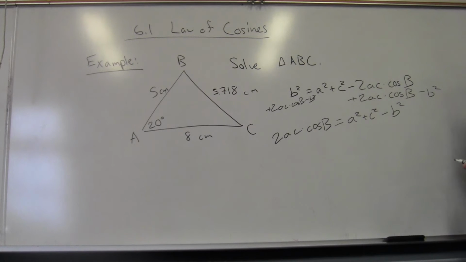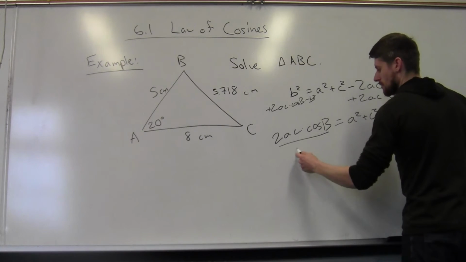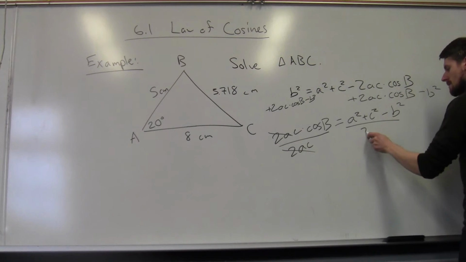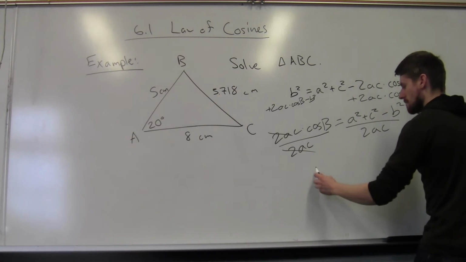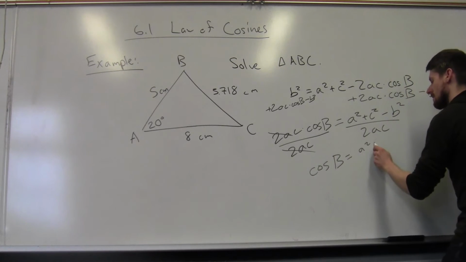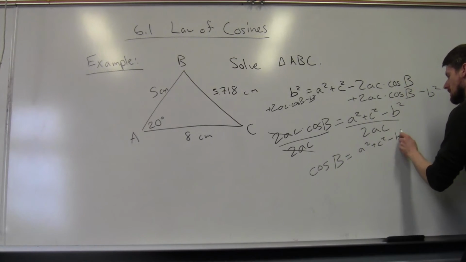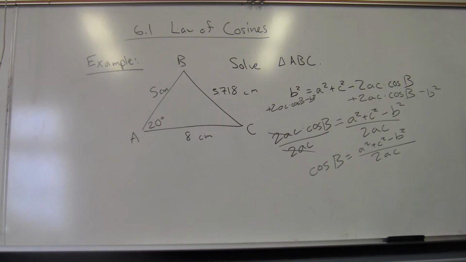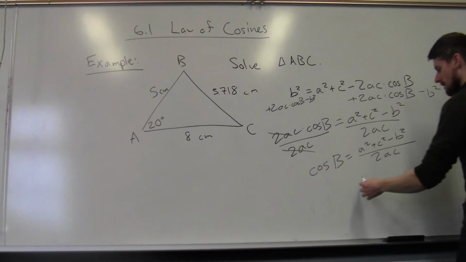And now I just simply divide both sides by 2ac and get cosine b by itself: a squared plus c squared minus b squared all over 2ac. So now we plug in the numbers that we know.